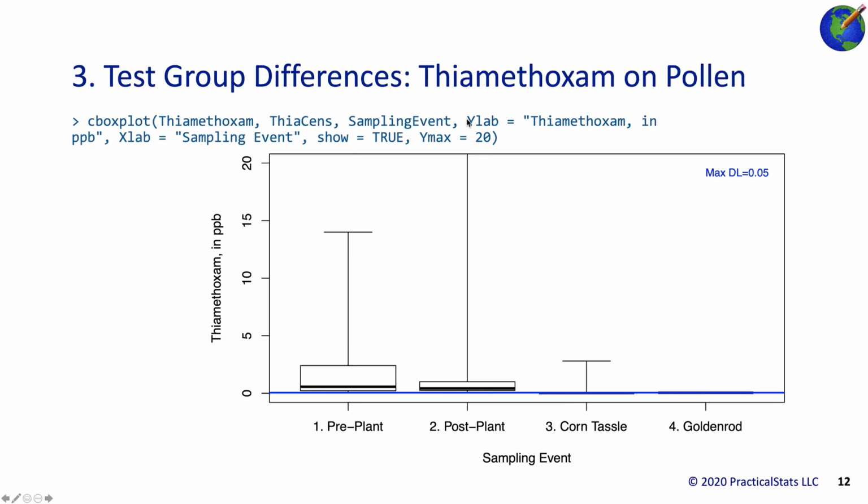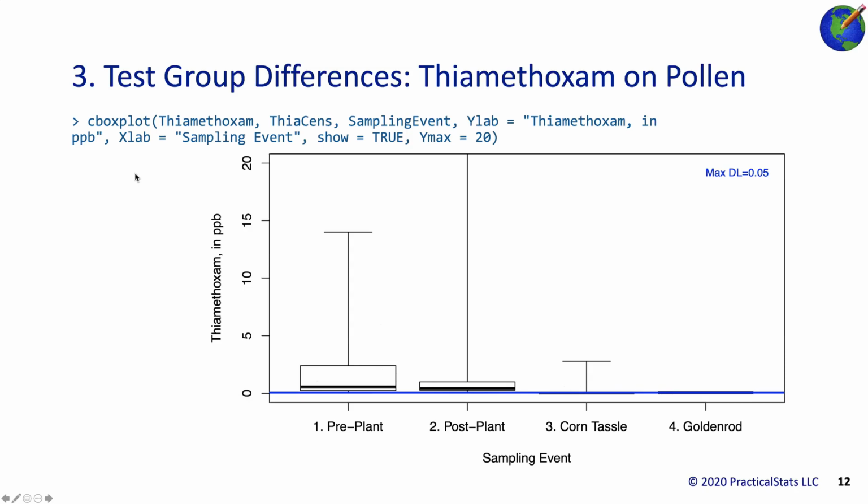Here, there was one whopping outlier in this data set, so I've just set the maximum to 20 so that you don't see that one outlier, which is going up here with this whisker. It's going to go way up, probably up to the ceiling. But that lets you zero in on the boxes and see them more clearly. So there's a lot of options in this command.